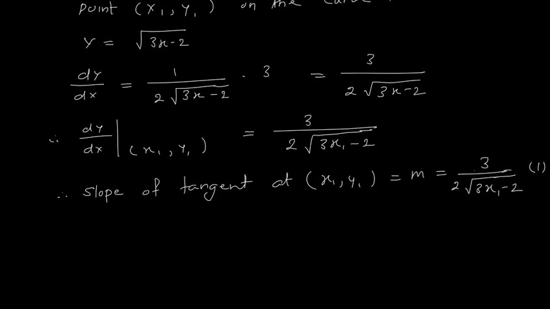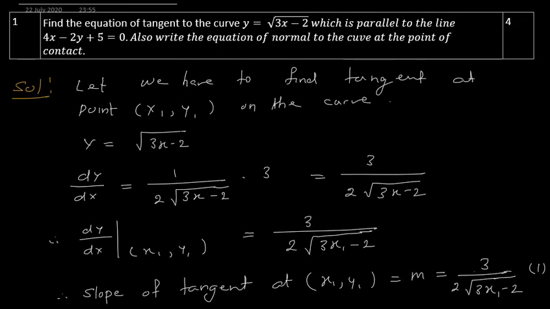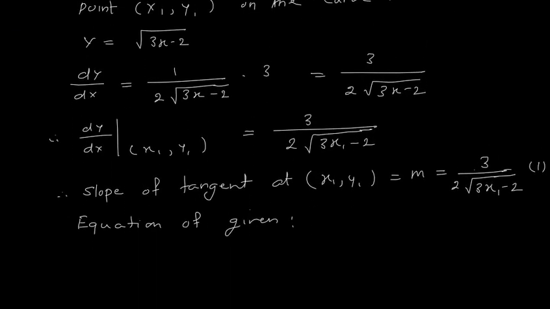Now the equation of the given line. What is the given line? 4x minus 2y plus 5 is equal to 0. Now this is the equation of the given line.